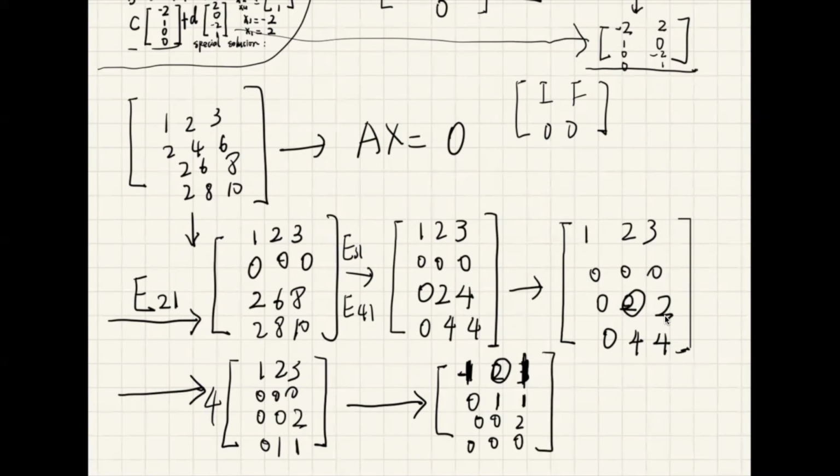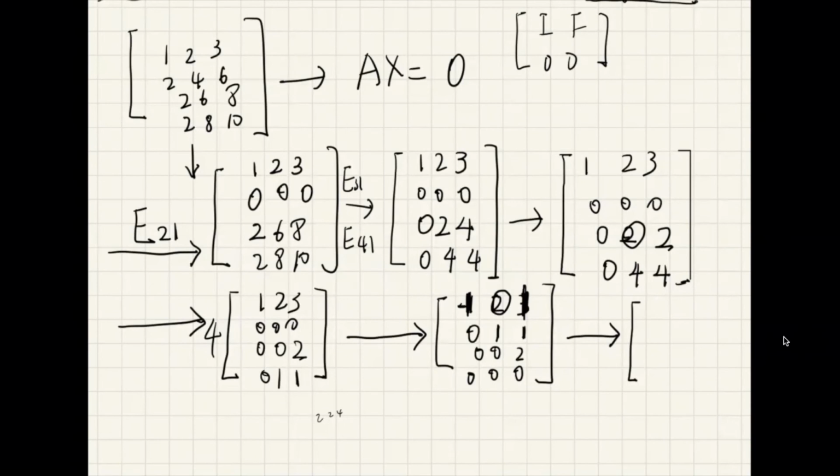And here, actually, what we have got is still not enough, because we also want to make this 0. All right, there's a mistake here. So it's not 4, actually it's 2, because we use the -2 times the first row and then add it here. So that will be 0, 2, 2, not 0, 2, 4.